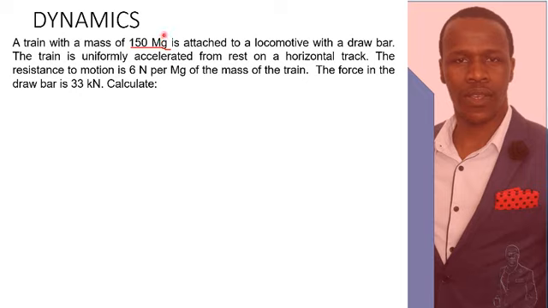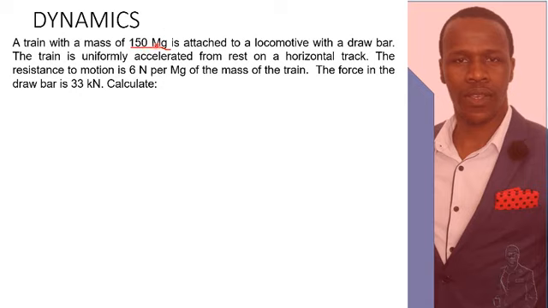So if you want to change it to kilograms, and kilograms is the measurement that is used for a mass, and a kilo is in thousand, so a million divided by 1,000, which will give us 1,000. That will mean 150 megagrams is equal to 150,000 kilograms.